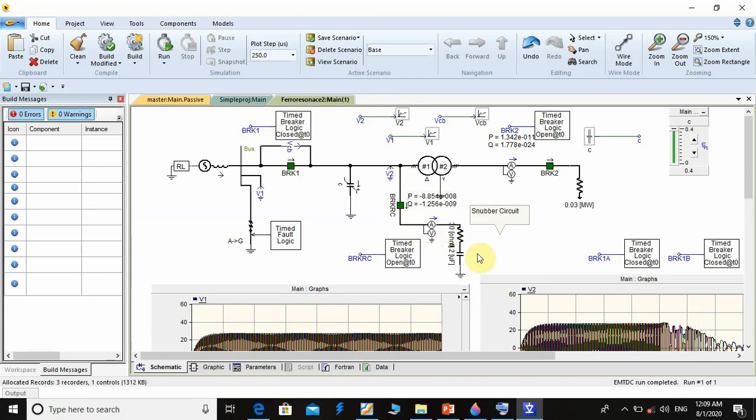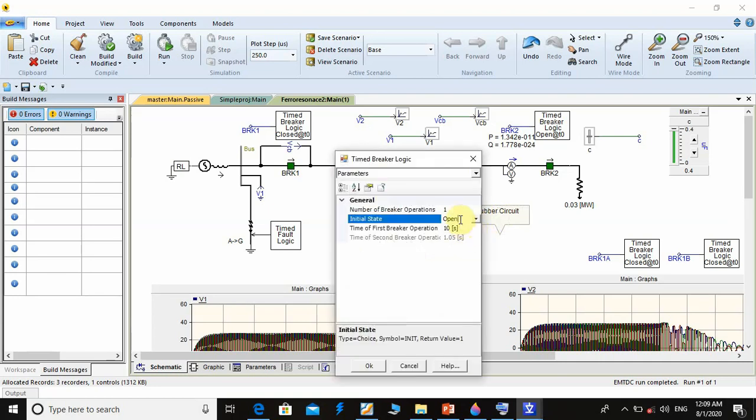The RC circuit I think is a good solution here, and it's a very important, amazing circuit to prevent the transformer from any overvoltage due to oscillation with stray capacitance or whatever overvoltage. All right, this is for the snubber circuit.